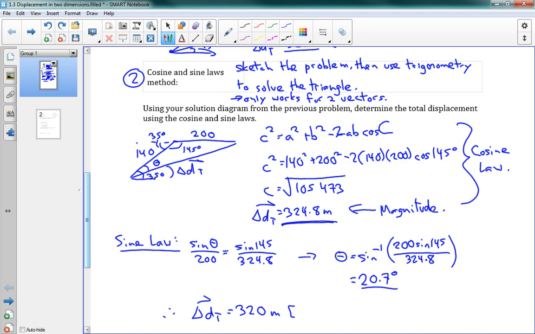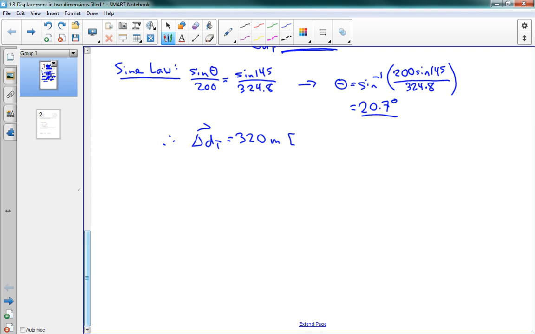So we're not quite done here, our angle was 35 degrees minus 20.7, which is equal to 14.3 degrees. So finally, we have east 14.3, or in this case we're going to round, east 14 degrees north. Okay, and there we have a final answer.